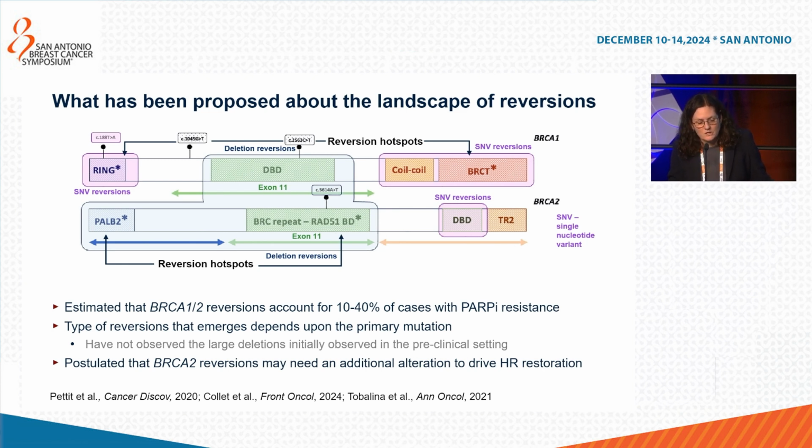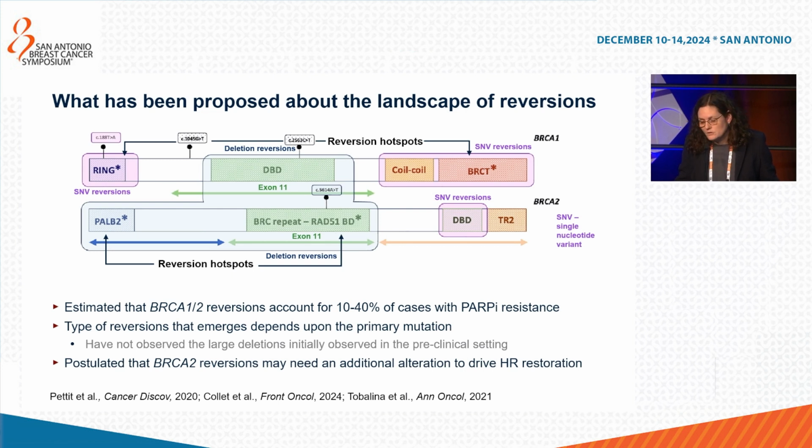So the larger deletions being over exon 11 of BRCA1 and 2, and also 5' in BRCA2 with the larger deletions, and the smaller deletions in the DNA binding domain and the ring finger domain, as well as the BRCT domain. It's estimated that BRCA1 and 2 reversions account for about 10 to 40% of cases with PARP resistance.